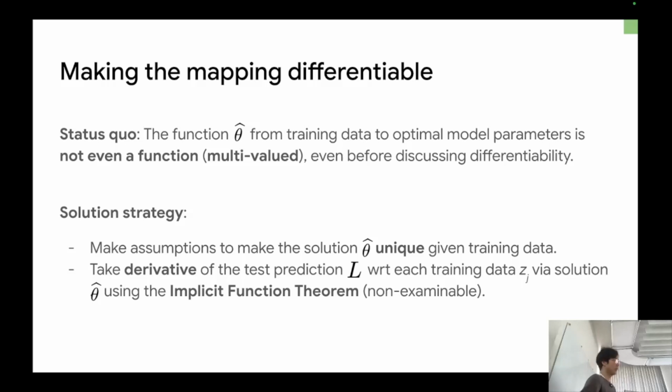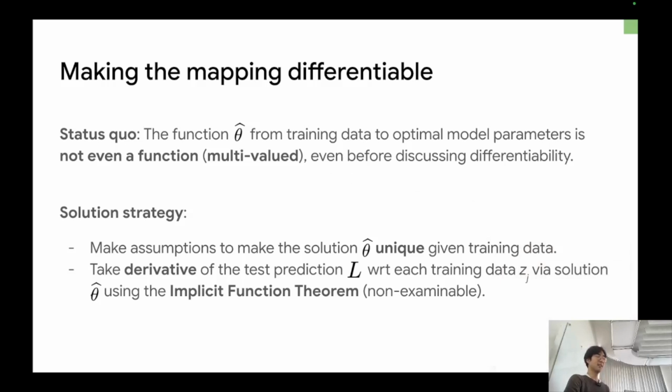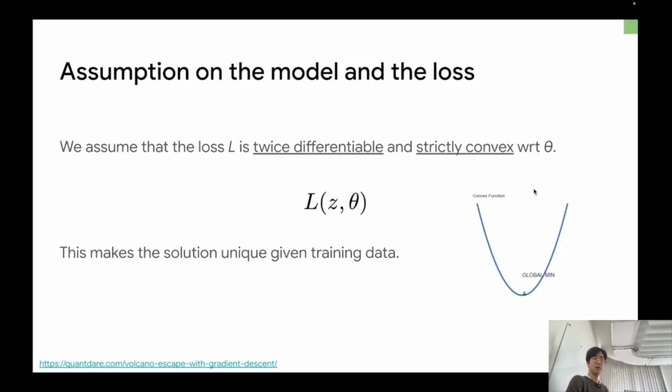Once we do that, based on the implicit function theorem, we know that the solution is also a function of the individual data points that comprise the loss function. And then we can also compute the gradient, because it's differentiable. So these are the conditions: the loss has to be twice differentiable against theta, and it should be strictly convex against theta.